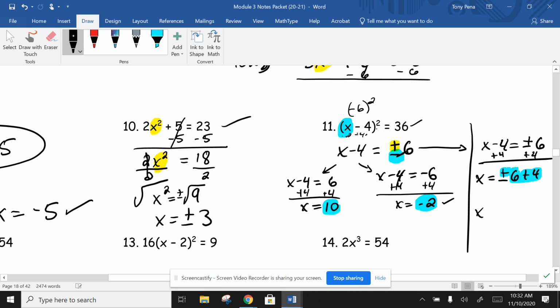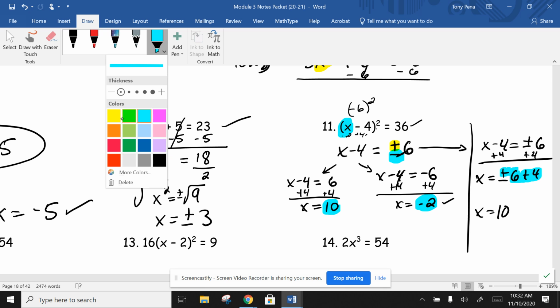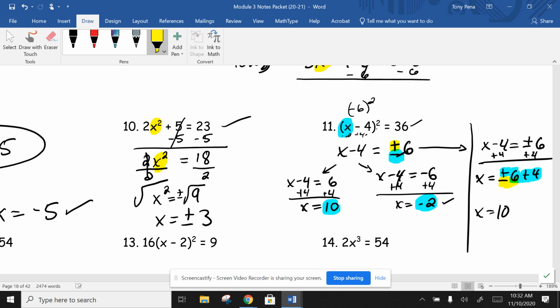Isn't that going to give you, not a 4, sorry, a 10? So that's one of the answers that we got on the other side. You can also then do the negative 6 plus 4, and doesn't that give you the negative 2 that we got on the other side? Okay, so it's up to you how you want to go about solving those.